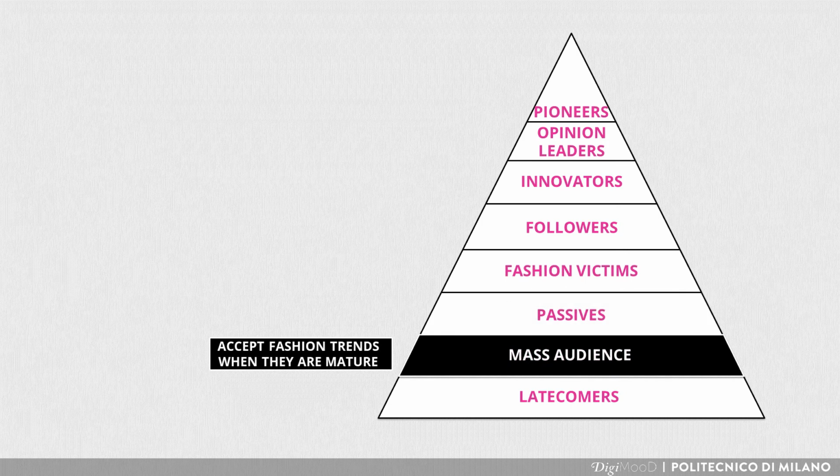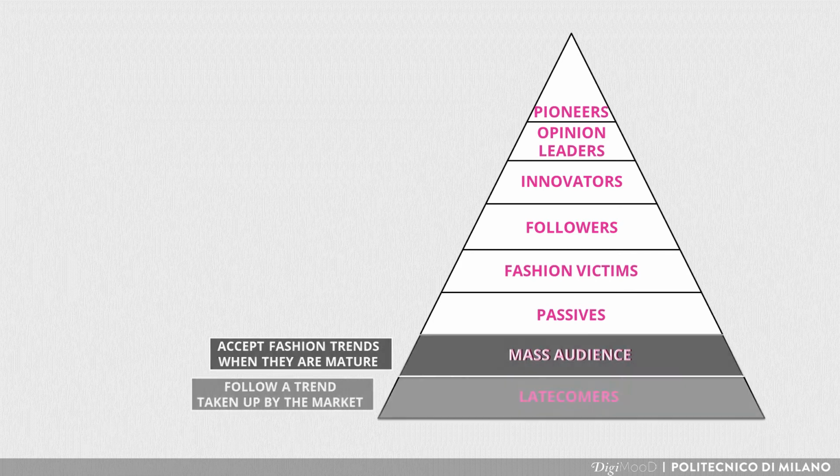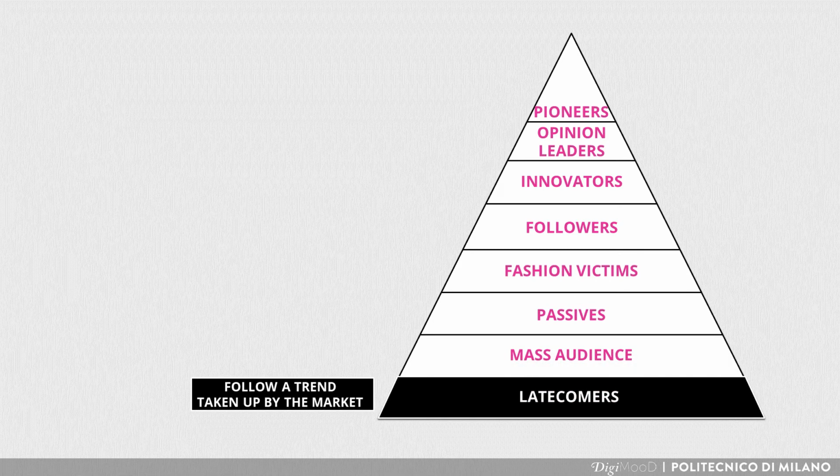By mass audience, we mean those who accept fashion trends when they are mature and have reached the mass market. Finally, by latecomers, we mean those who choose a product or follow a trend when it has been taken up by the market and it is already in a downward phase of interest from the mainstream public.